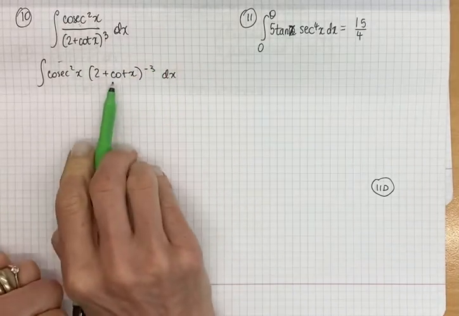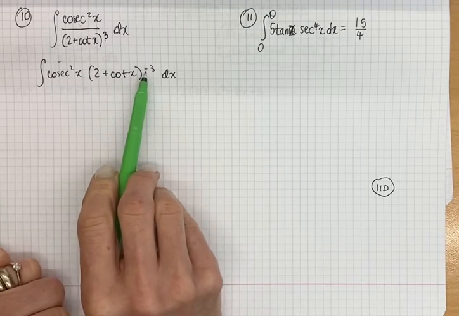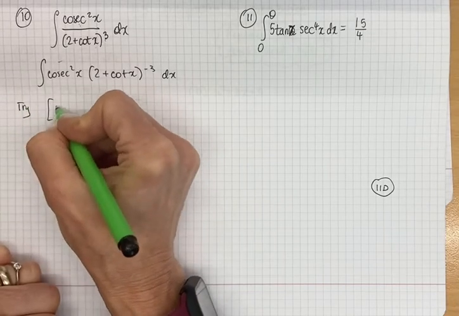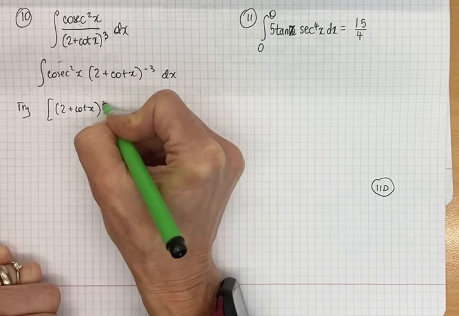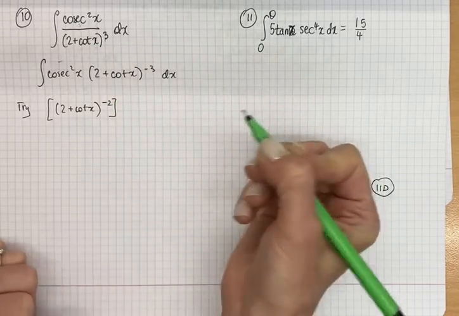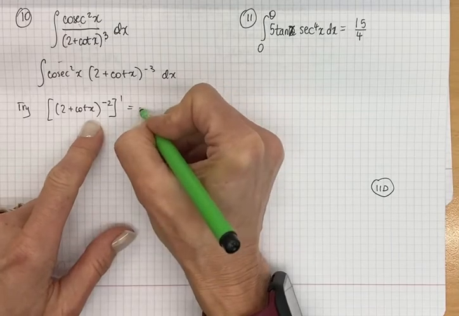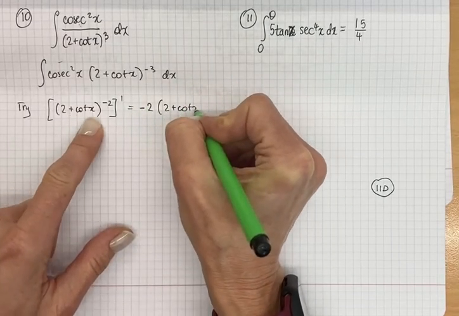So if you think about it, what was differentiated? Well, if you add 1 to the power, that will be the power of minus 2. So try differentiating 2 plus cot x to the power of minus 2 and see what you obtain. So you will have minus 2 comes down, and you will have 2 plus cot x.